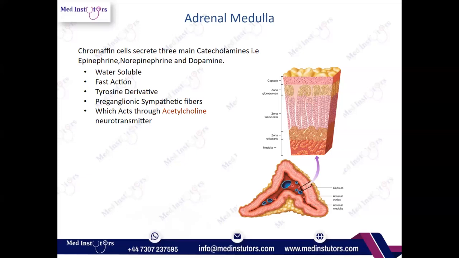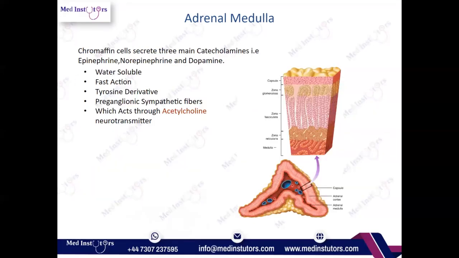It is responsible. What happens? These sympathetic fibers release this acetylcholine here in the adrenal medulla, and as a result, these chromaffin cells produce epinephrine, norepinephrine, and dopamine, and they are derivatives of tyrosine. We have many pictures on steroidogenesis in the coming slides, so don't worry.